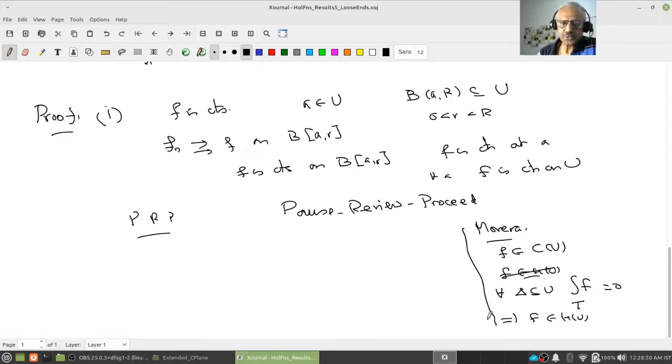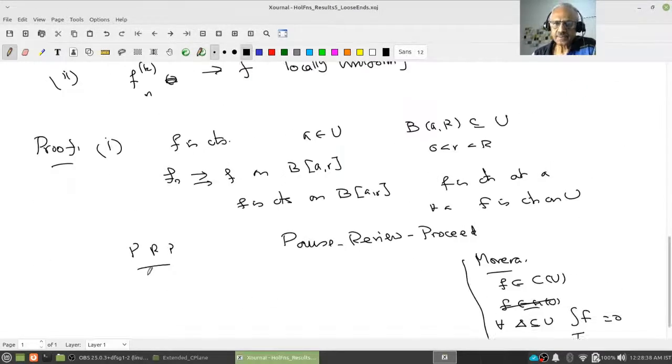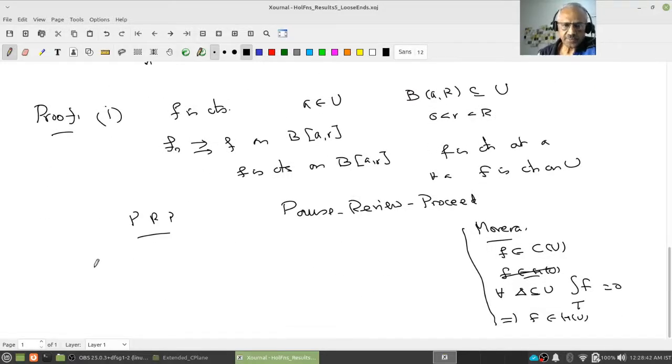So I want to use it. Now let's look at, see, I want to say F is holomorphic, right? So let us go slow. So you fix F. What do I want? I want to show F is holomorphic.